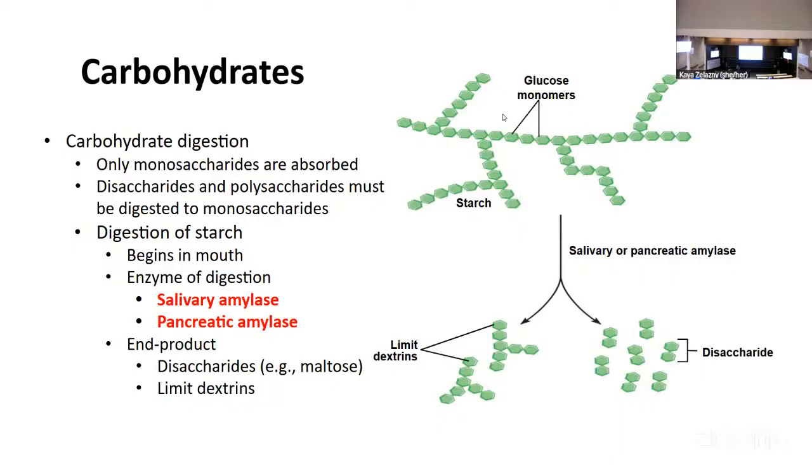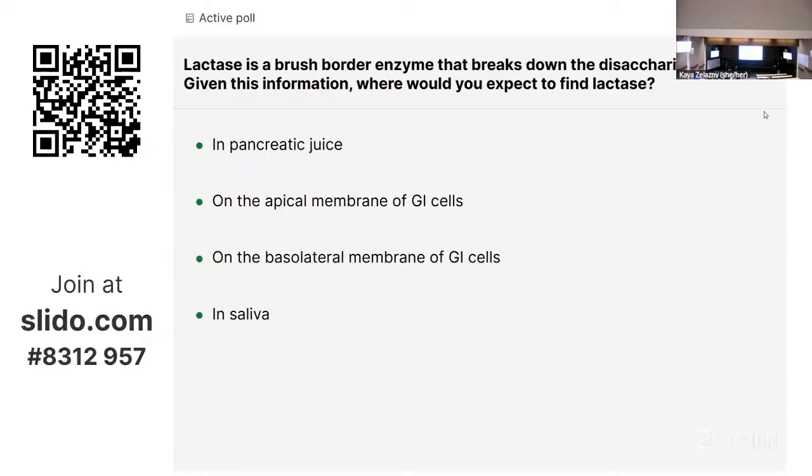We're also sending those carbs down through your pharynx, esophagus, stomach, into the small intestine and the duodenum, where they encounter our pancreatic juice coming in, including pancreatic amylase, which continues that carbohydrate digestion. That gets us to disaccharides and limit dextrins. So these are what we were able to break that starch into. But we do need to get to a monosaccharide in order to fully absorb into the intestine.